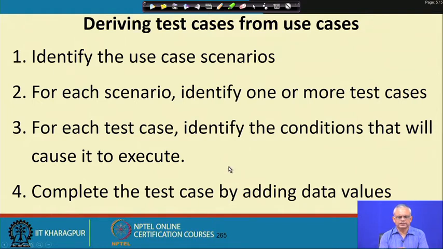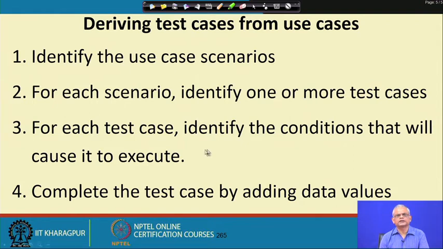The first thing is to identify the use case scenarios, and typically if our requirements document is well written, we will have identified the scenarios there in the form of a text description, and for each scenario we will identify one or more test cases, and these test cases will execute the scenarios.